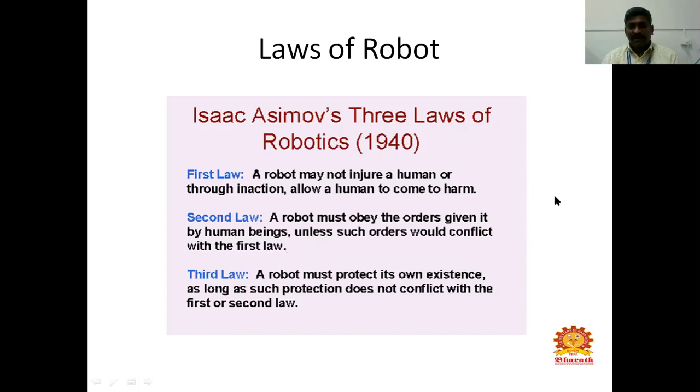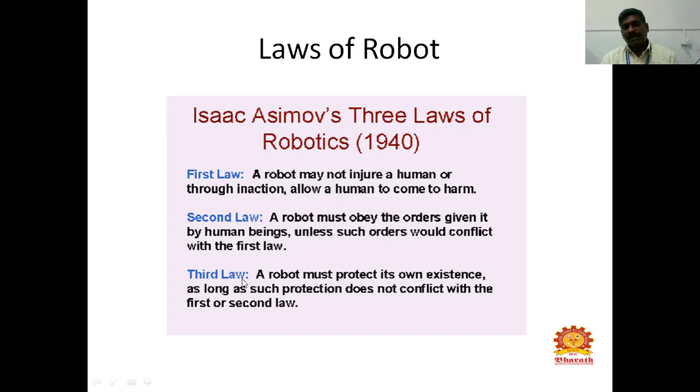That means if the operator gives an instruction to harm another person, the robot should not do it, because it would conflict with the first law. Whatever it may be, the first law should not be broken. That is very important.